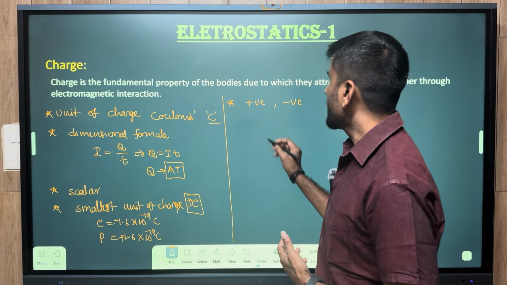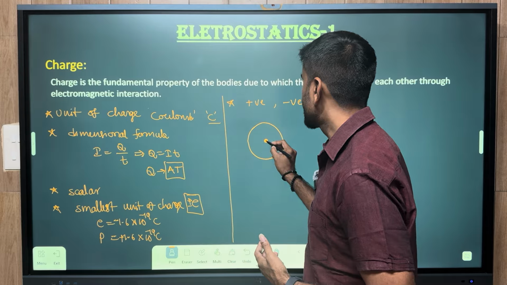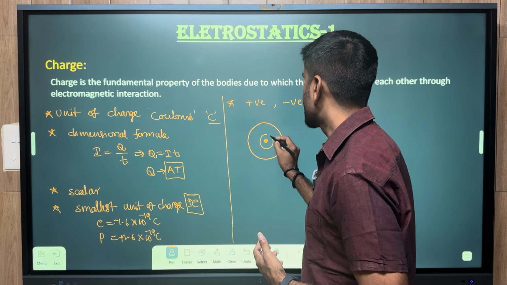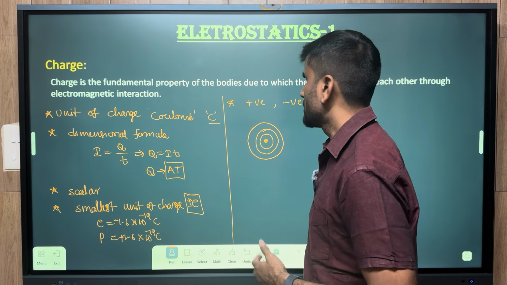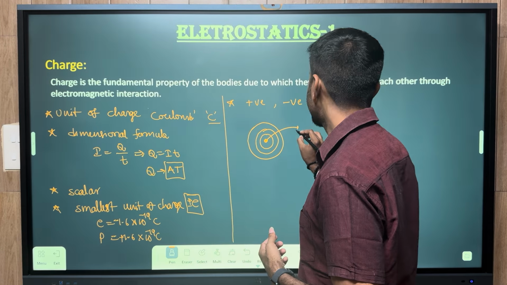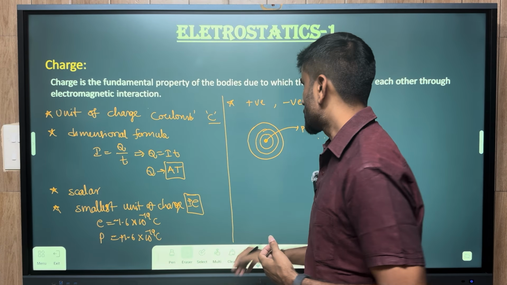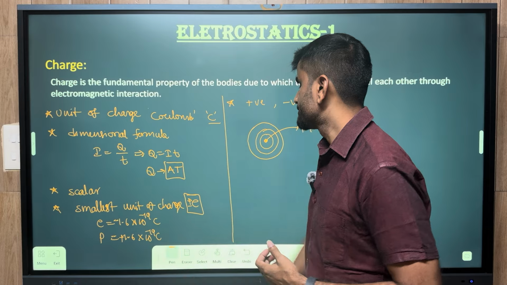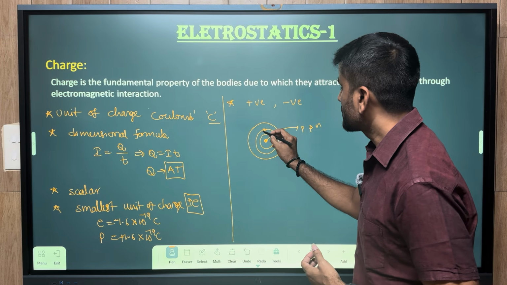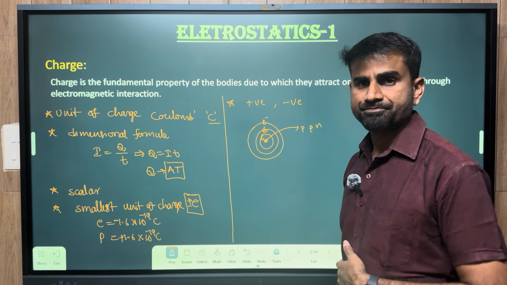When you look at the atom, the nucleus will be at the center and the electrons will be revolving around the nucleus, and the nucleus has protons and neutrons.